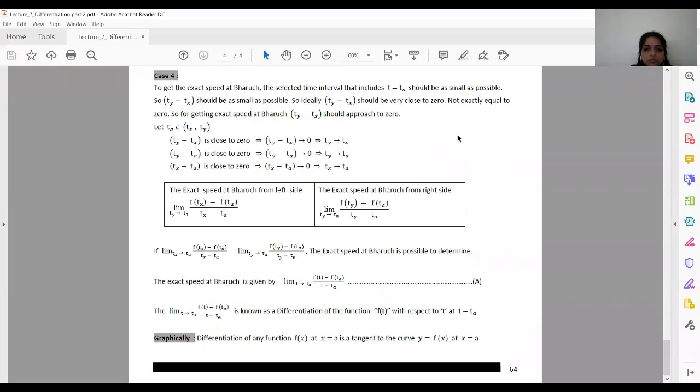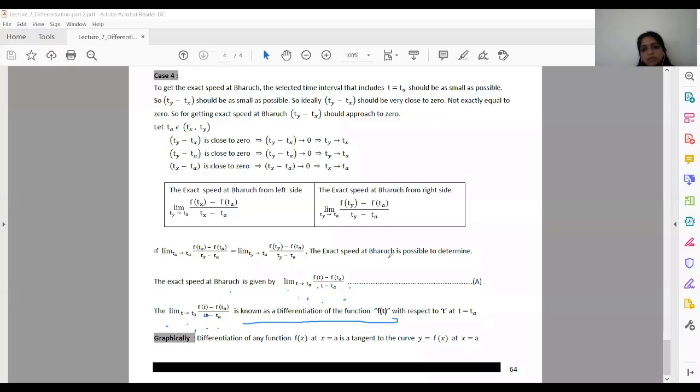So the exit speed at Bharuch is given by limit t tends to Ta, f of t minus f of Ta upon t minus Ta, which is known as the differentiation of the function f of t.